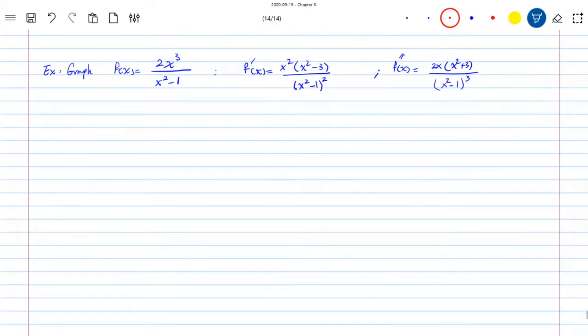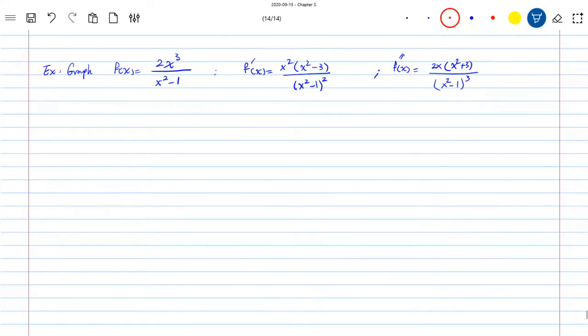One way is through long division. So first let's go through the process of graphing, because we're going to do the graphing and we will calculate the slant asymptote instead of the horizontal asymptote. So here, graph f of x equals 2x cubed divided by x squared minus 1. Again, f prime and f double prime, you can calculate through the quotient rule.